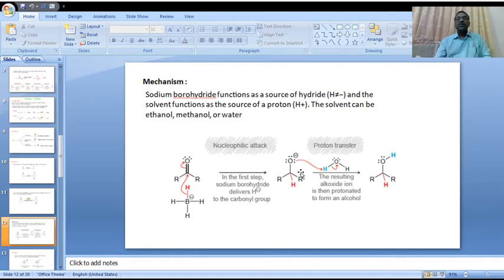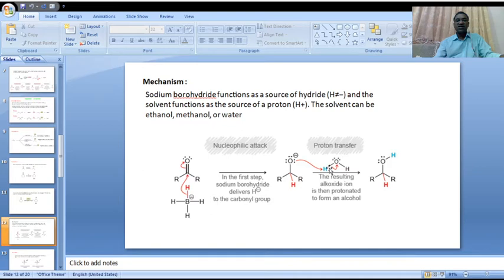Next, in the next step, we are using water molecule, the solvent. In this reaction, we may use water or ethanol or methanol as solvent. This second step is called the proton transfer step.